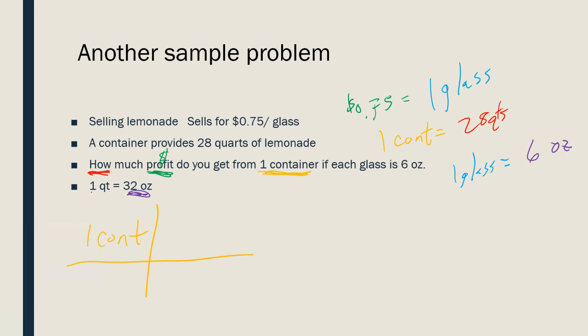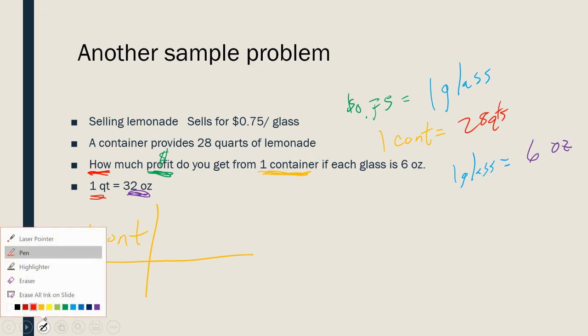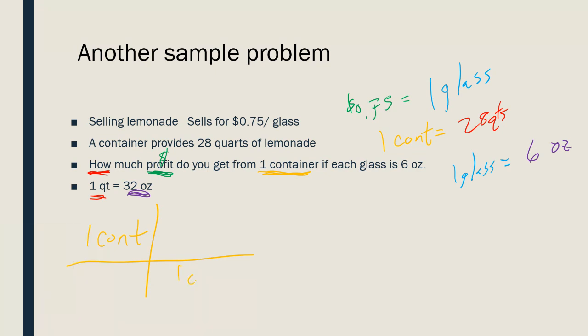So container is here. The one thing we have with container is this one. So for every 1 container, there's 28 quarts. And then that gets rid of containers. We got to get rid of quarts. So here's our quarts. 1 quart is 32 ounces.